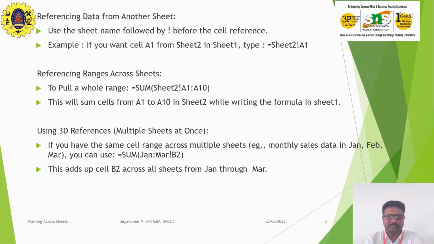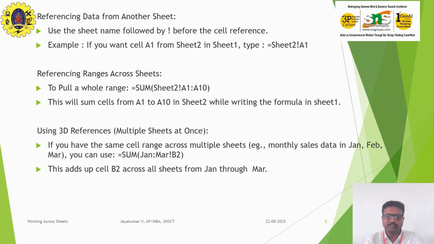This will sum up the cells from A1 to A10 in sheet 2 while you write the formula in sheet 1. This means you sum the data from A1 to A10 in sheet 2, and the result is displayed in your sheet 1.